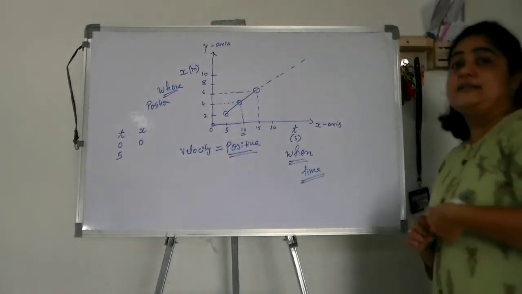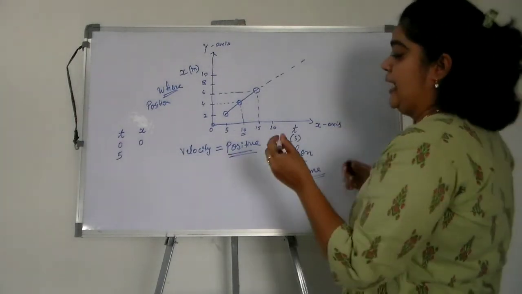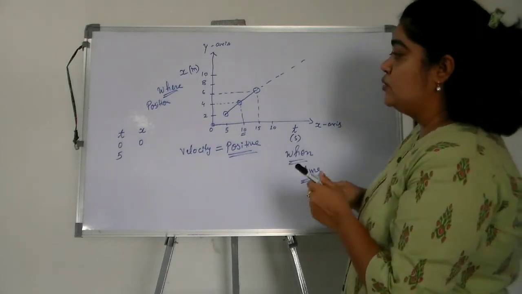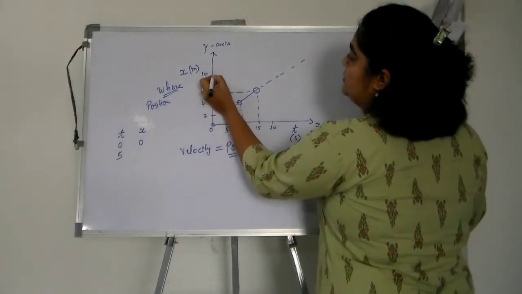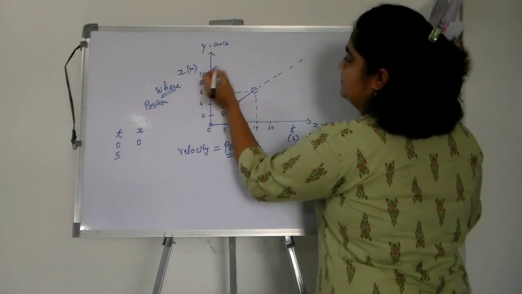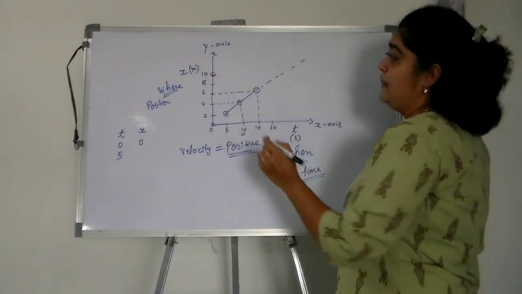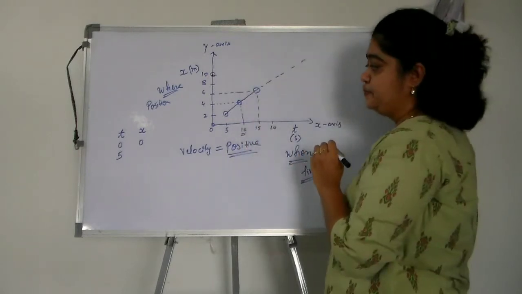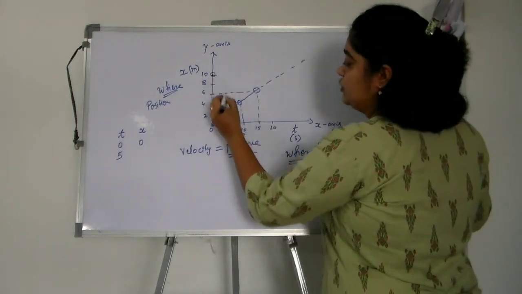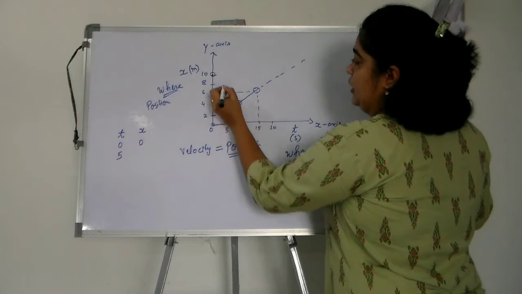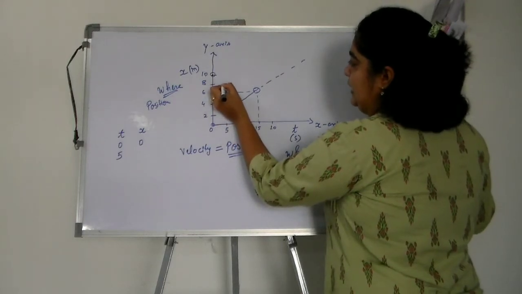Now take a look at this. For example, at time t equals 0, my object is at 10 meter. At time t equals 5 seconds, my object is at 8 meter.